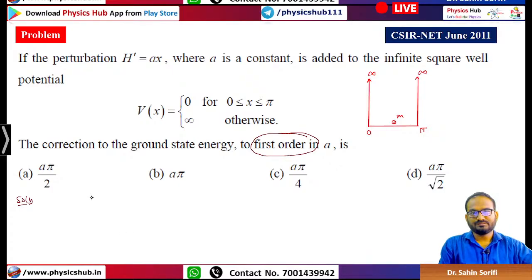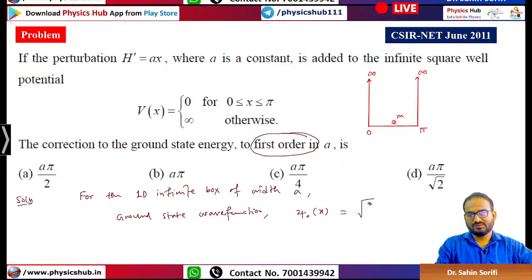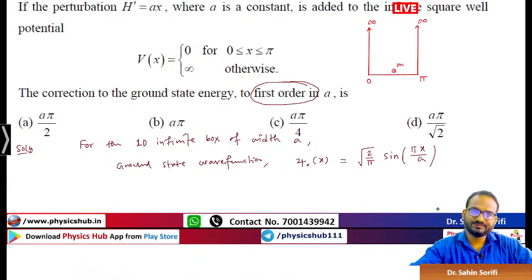For the 1D infinite box with a ground state wave function, psi 0 of x equals square root of 2 by a sin n pi x by a, so sin pi x by a. This one we know, right?